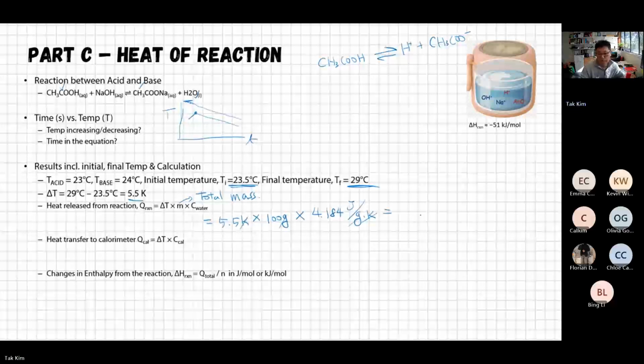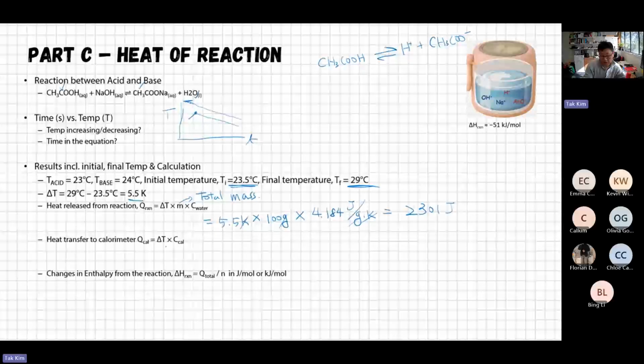You should have a number in joules. So what I have on my calculator is 2300 joules. So that is what I have.